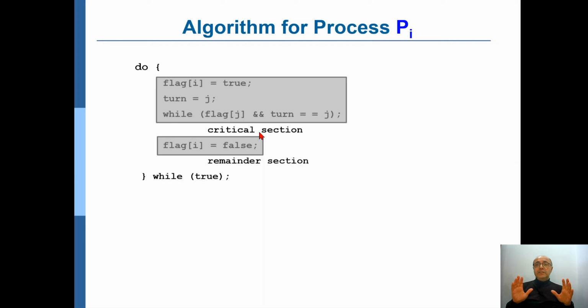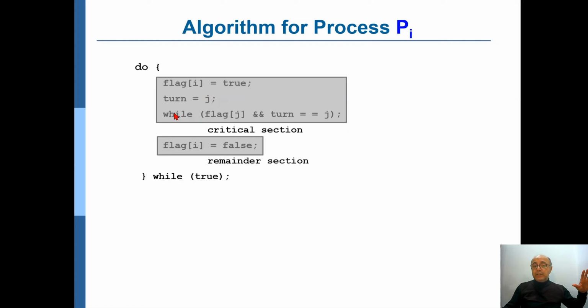Now P0 is in its critical section. Let it remain in its critical section. Is it possible that P1 enters its critical section? Let's see. If we analyze this from the point of view of P1, remember P1 gave the turn to P0 here.